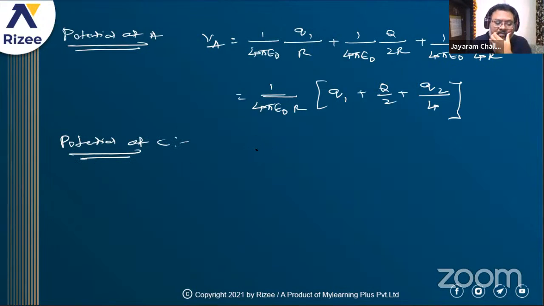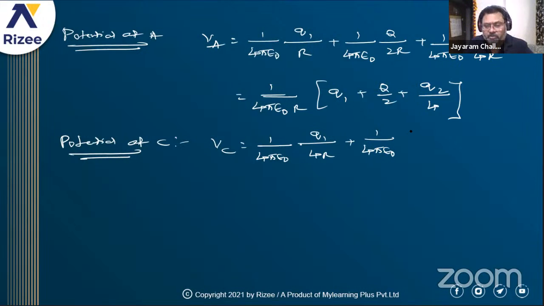VC is equal to 1 by 4 pi epsilon naught, because of A, the inner shell with Q1, it is at a distance of 4R, plus 1 by 4 pi epsilon naught, since C is outside B also, Q by 4R, plus 1 by 4 pi epsilon naught, this is equal to Q2 by 4R.